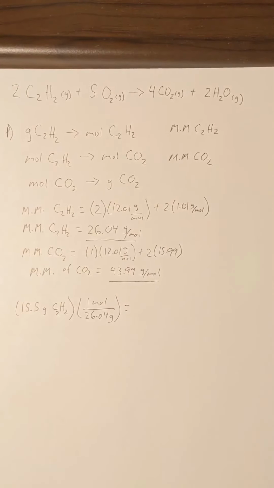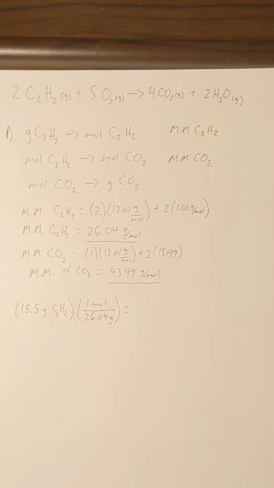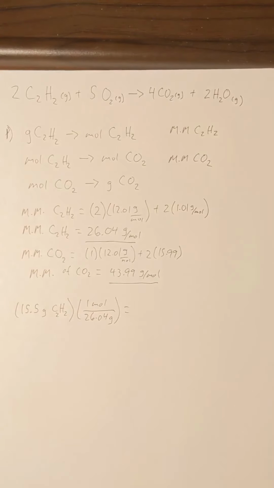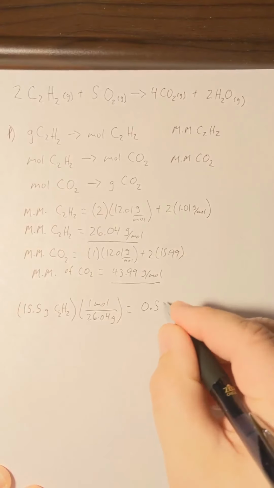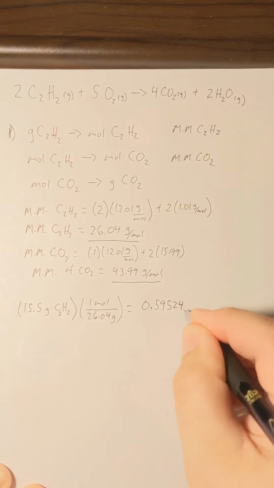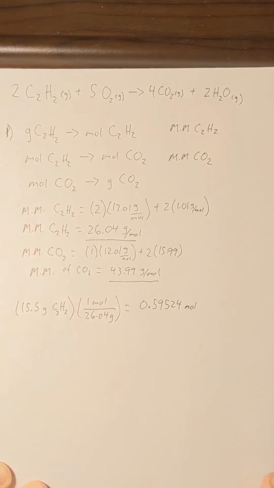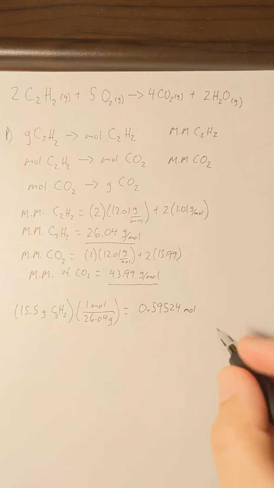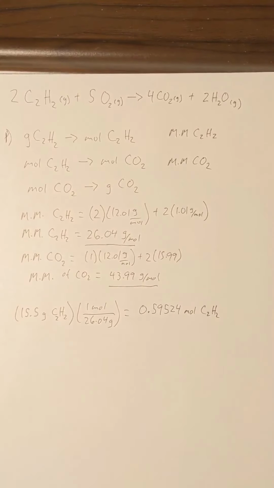And so we put that into our calculator. And this gives us 0.59524 moles of C2H2. We don't want to round this guy off yet.